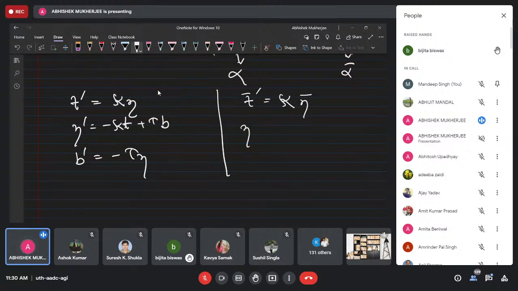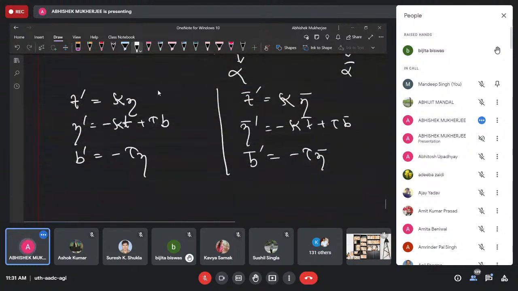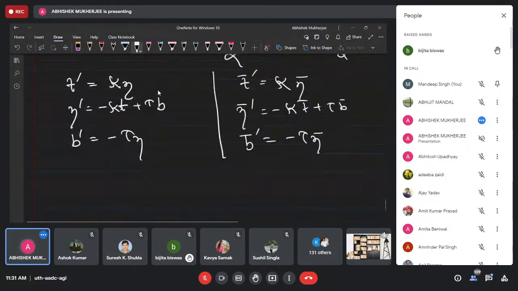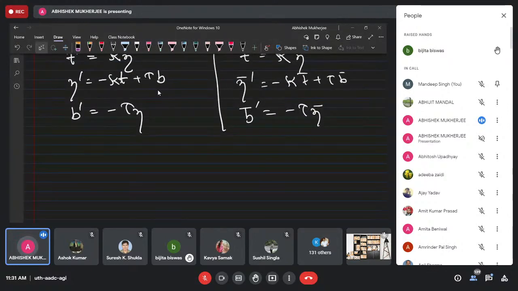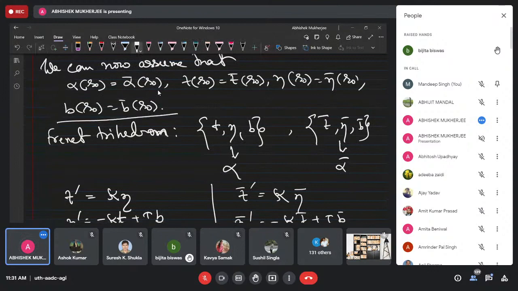So eta bar dashed is minus kappa T bar plus tau B bar, and your B bar dashed is minus tau eta bar. Okay. So this is for the curve alpha, and this is for the curve alpha bar, subject to the assumption that we have made above.